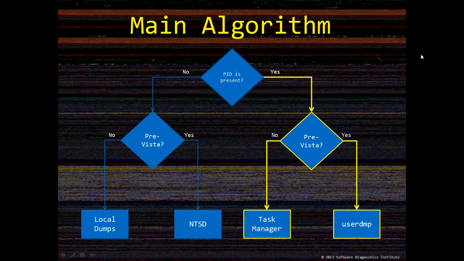Here I repeat the main algorithm for using various memory dumping tools and techniques. Again, we need to know where the problem process ID can be found in Task Manager. If your process is still in the list of running processes, then one of the possible reasons is its hang.